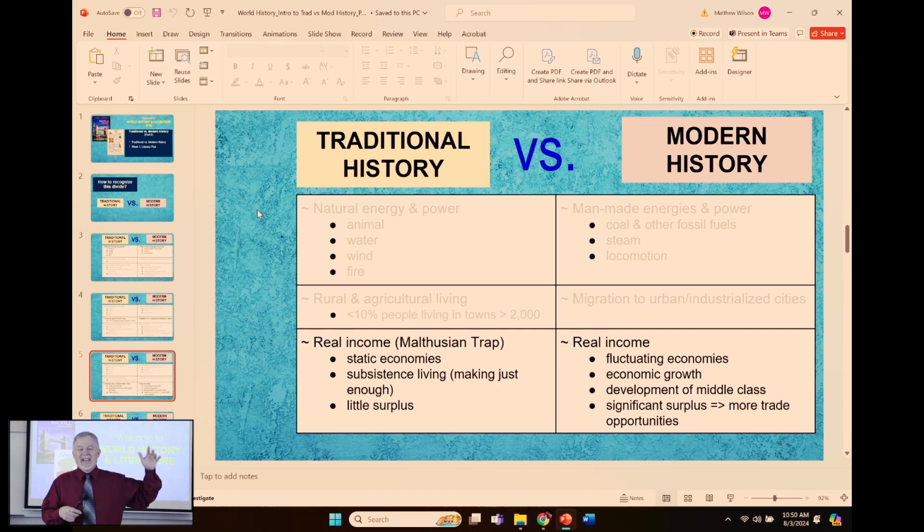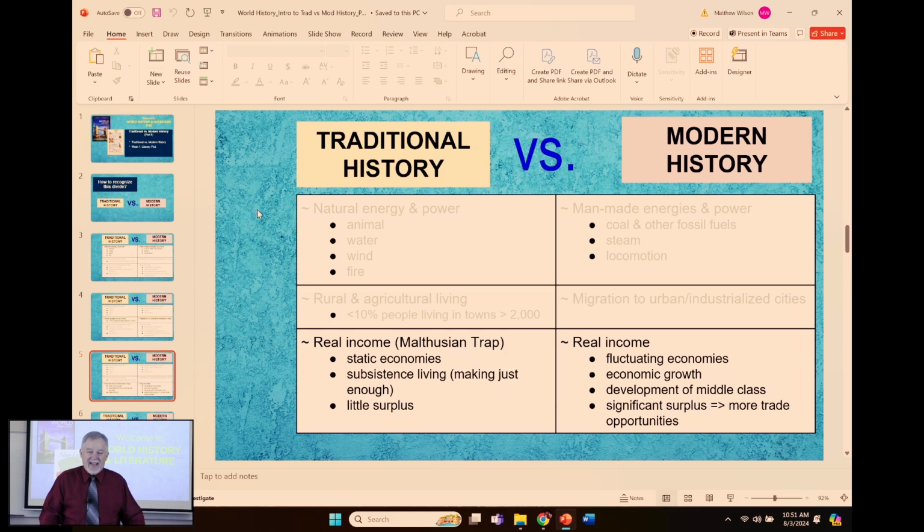Static economies. It just stayed the same forever and ever. Never really rose, never really dropped. It just stayed in a mundane, poor sort of situation. Subsistence living basically means that I go out in my backyard and I dig up something and I plant something, and that's basically what I live off of.